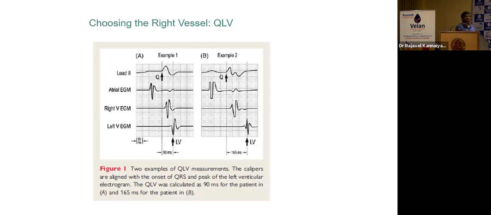So we are going to find out where is the latest activation. We are bringing it towards the start of the QRS. That is our aim. So latest is best for the biv pacing. If it is less than 80, it's not going to improve because still the later part of the ventricle is somewhere else. We are not accessing that part. So always we have to check it. Next one.